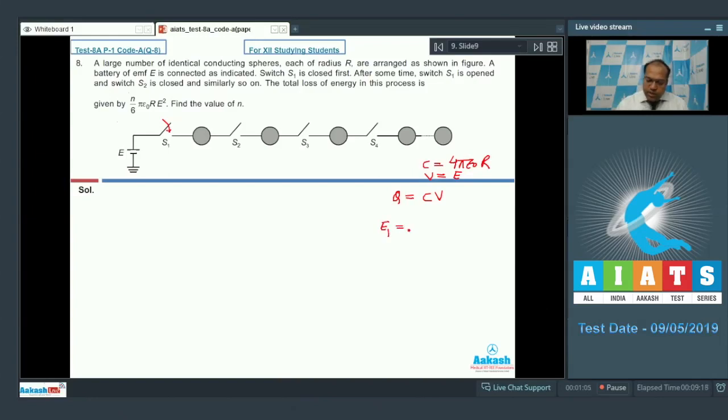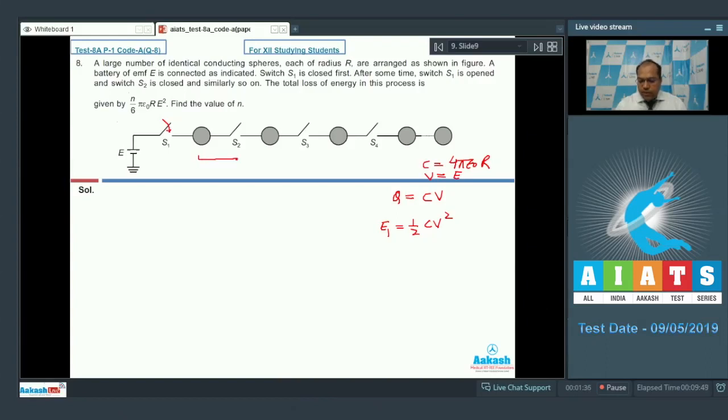This E1 can be written as half C V square, which is also equal to the electrostatic potential energy of the conductor.